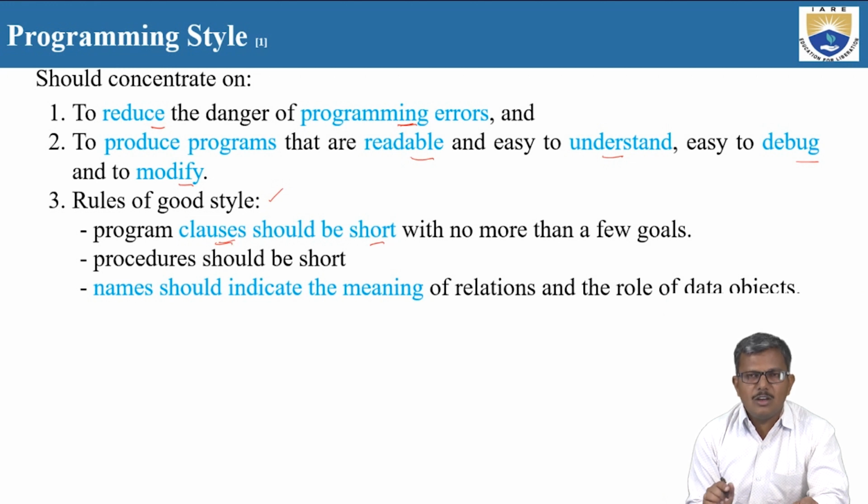If that is the case, the complexity of the program is going to increase, so it will be very hard to read, understand, debug, as well as modify. So try to keep only a small number of statements in a particular clause. Procedures need to be short; short and sweet is the better approach here. Names should indicate the meaning of relations and also the role of databases.